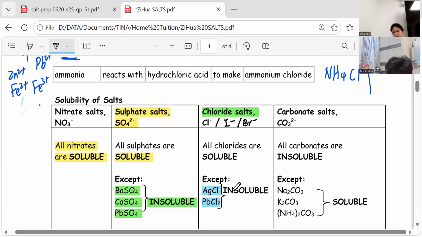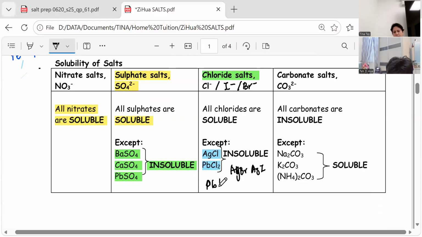It means that silver bromide, silver iodide, lead chloride, lead iodide are also in that group that is insoluble. Okay, understand?